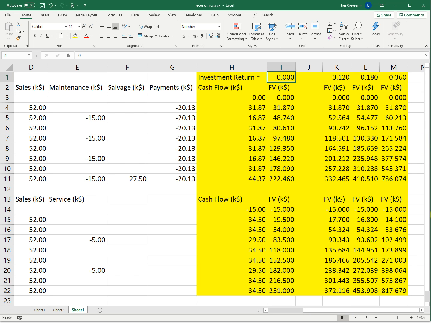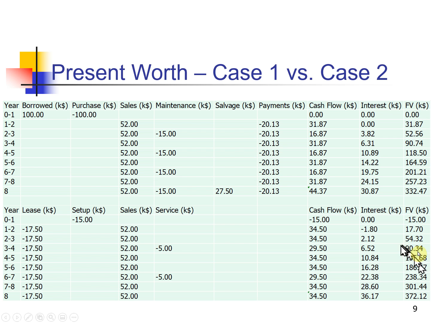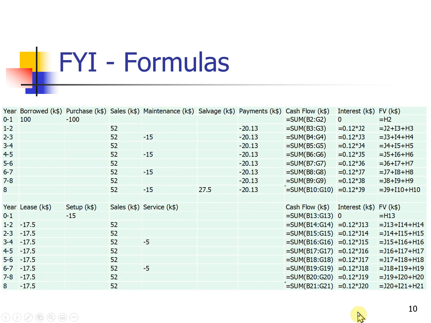And on the PowerPoint handouts you guys are getting, I show you the formulas, the same as the spreadsheet formulas. There they all are. This is for 12% interest, by the way. So if you were going to try variable interest rates like I did in the other spreadsheet, you'd put 0.12.